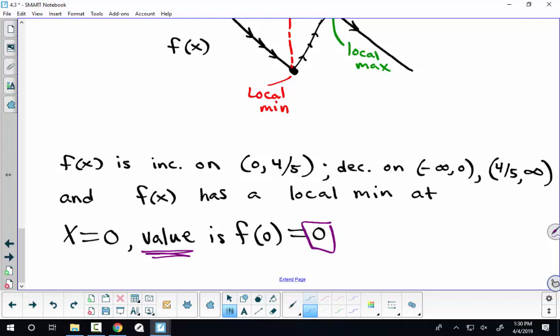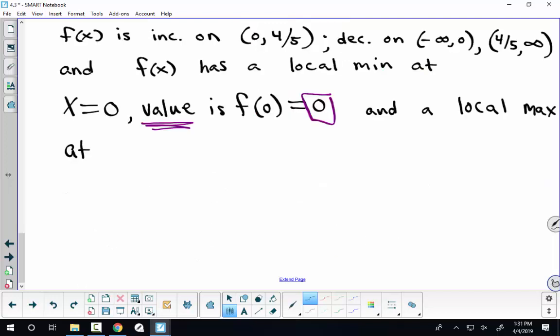And a local maximum at x equals 4/5, and the value is f evaluated at 4/5. It's about 1.034.